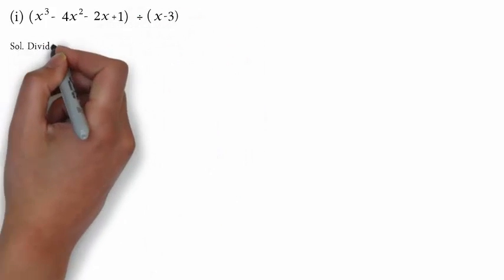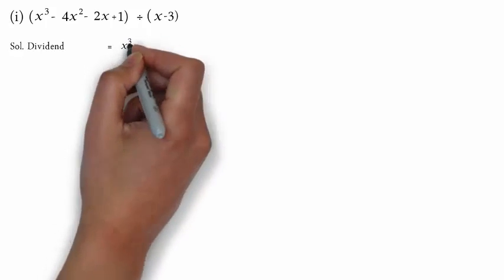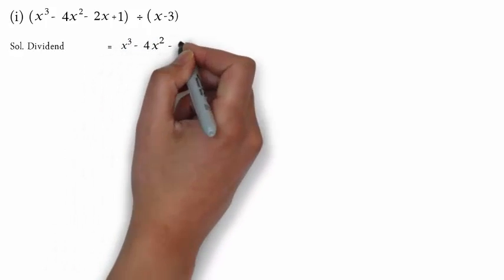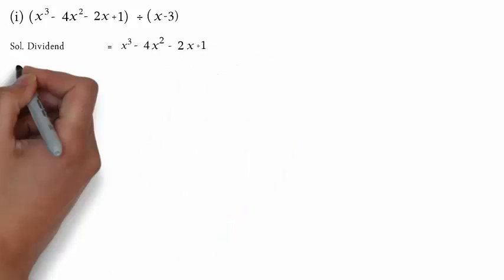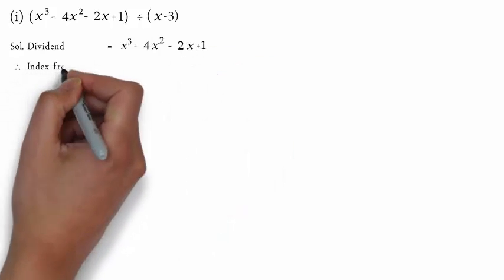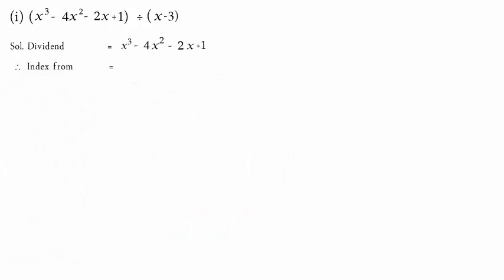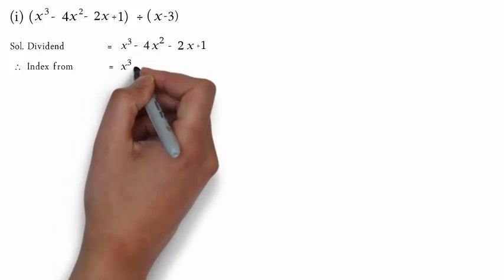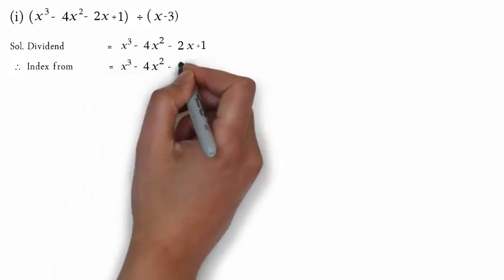Solution. The dividend is x³ minus 4x² minus 2x plus 1. In the index form, we will rearrange the equation in the decreasing order of power of x. It is already in that format. Therefore, index form is x³ minus 4x² minus 2x plus 1.